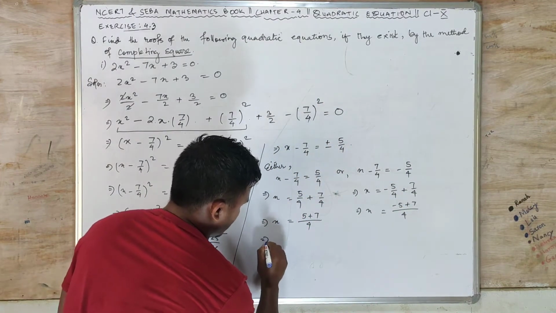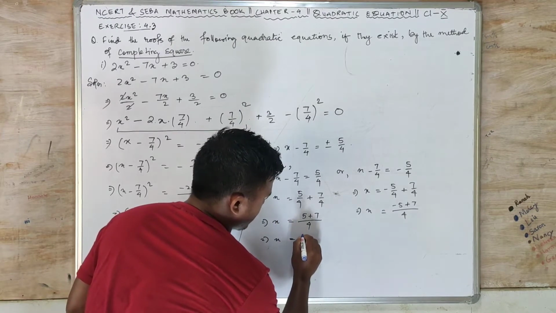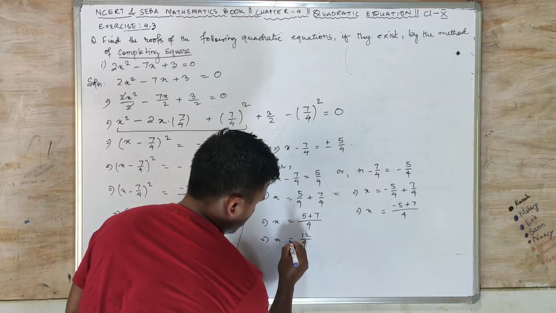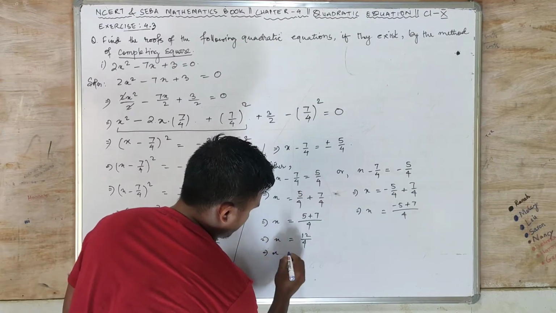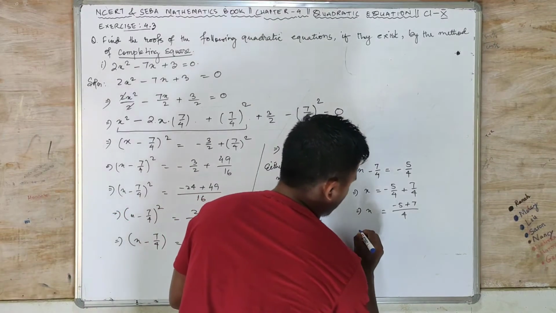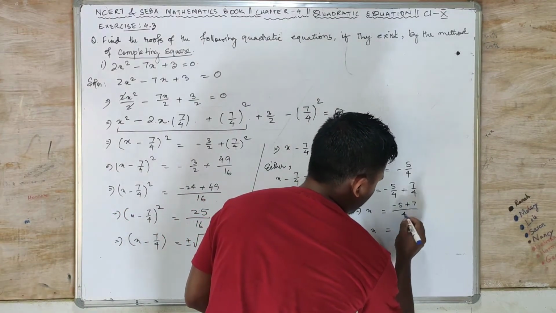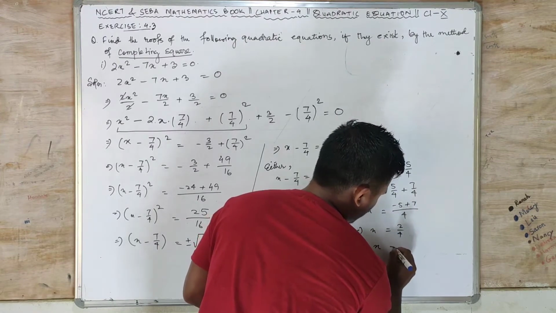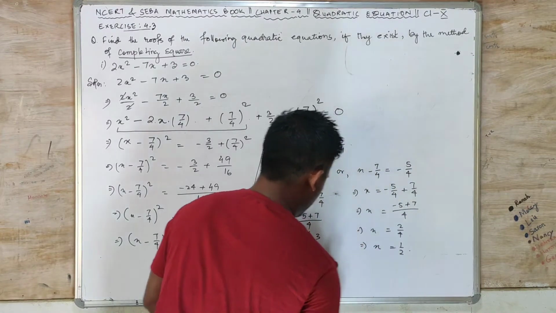Then over here x is equal to how much? 7 plus 5 is 12 divided by 4, and then your x value will be 3. Here your x value will be 2 by 4, and then x will become 1 by 2.